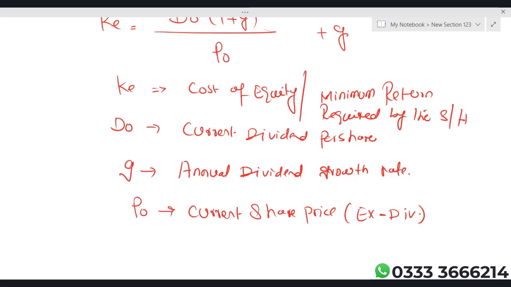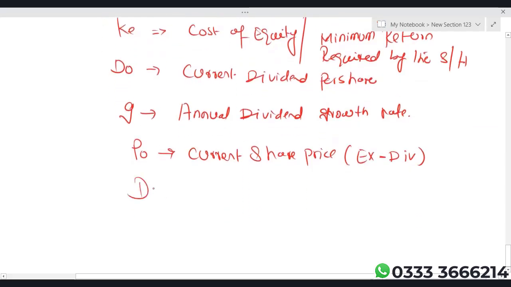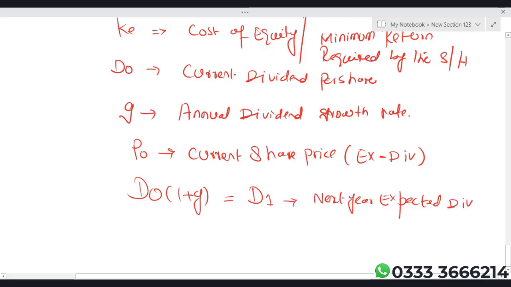For cum div, the examiner is going to mention the cum div price. Okay, now D naught (1 plus G) is actually equal to D1, the next year's expected dividend. It means D24 (1 plus G) will give you D25.